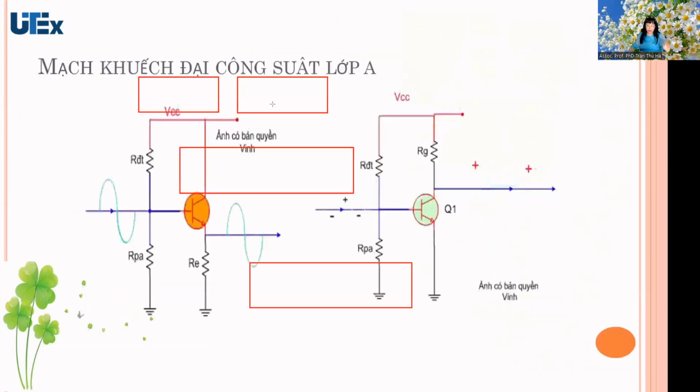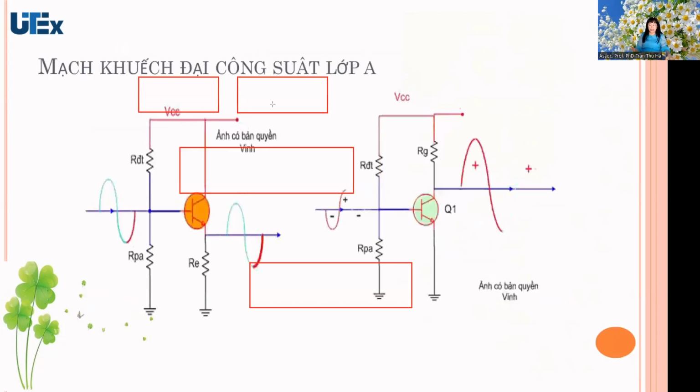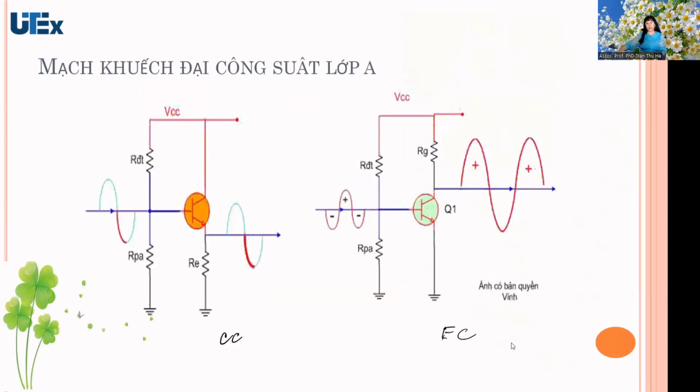And of course, the output waveform. And you can see the circuit, the class A. But this here, C common, and this here, the E common, the output signal. Wow. The output signal and the input signal have the form the same.